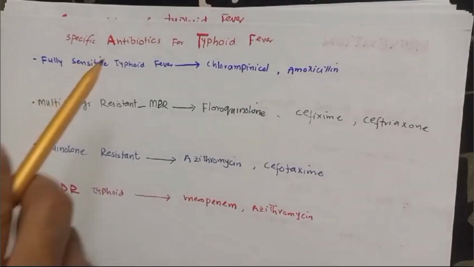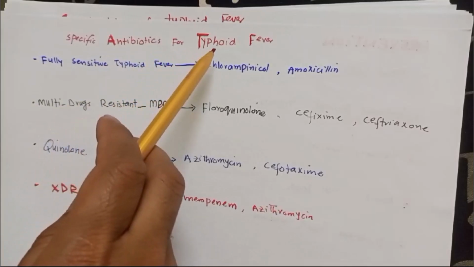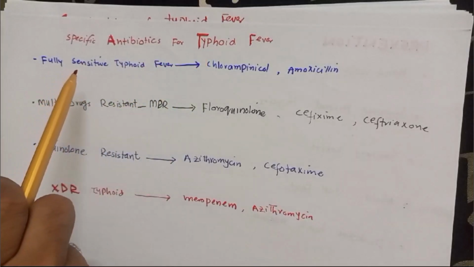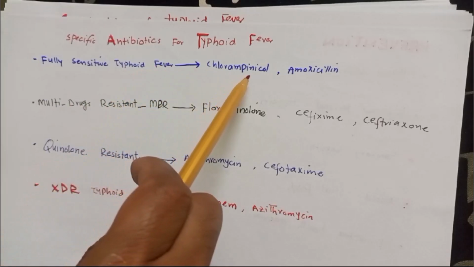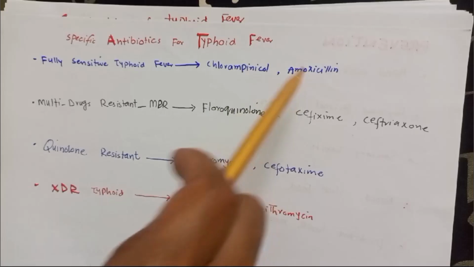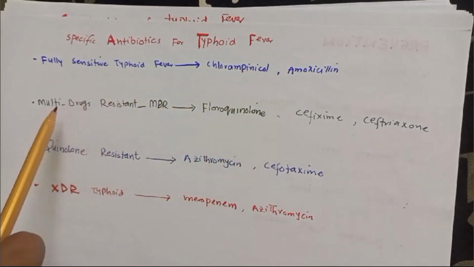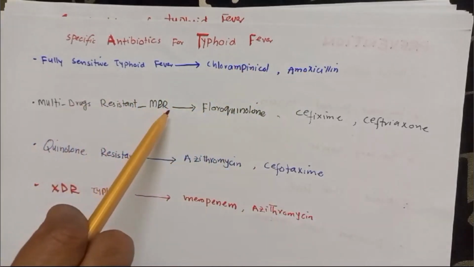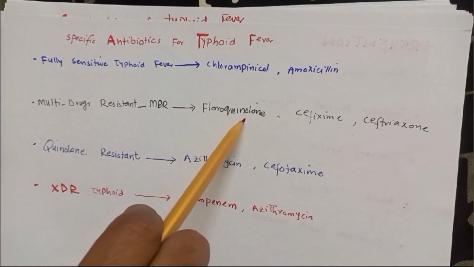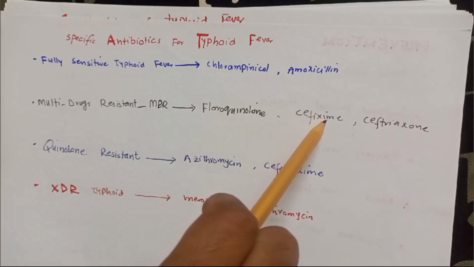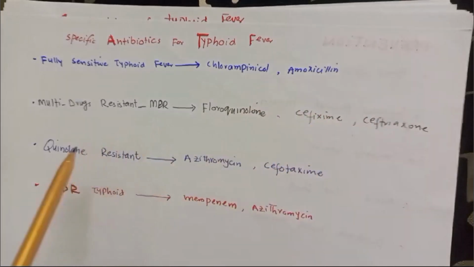Now we will discuss the specific antibiotic treatment for typhoid fever. Fully sensitive typhoid fever we treat with chloramphenicol or amoxicillin. In the second category, multi-drug resistant typhoid fever, we treat MDR typhoid fever with fluoroquinolones, cefixime, or ceftriaxone.